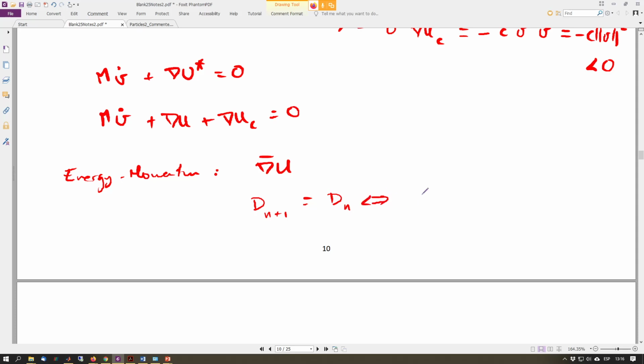This is exactly the same as having that c by the norm of v n plus 1 squared is equal to c by the norm of v n squared.